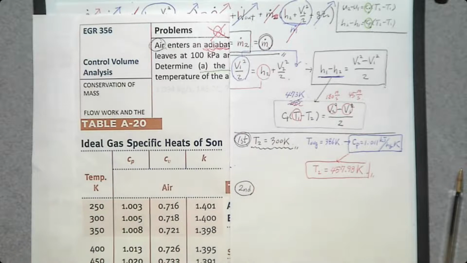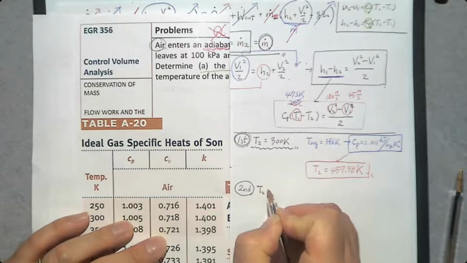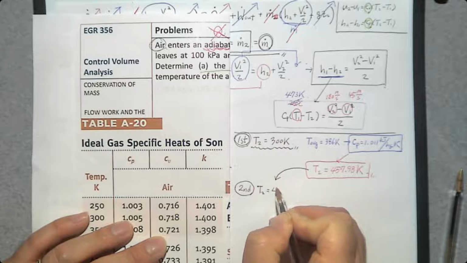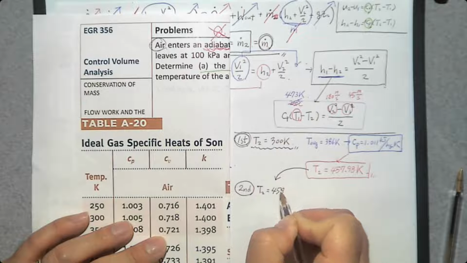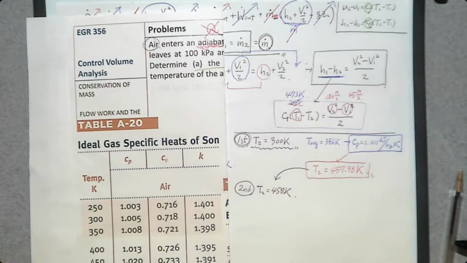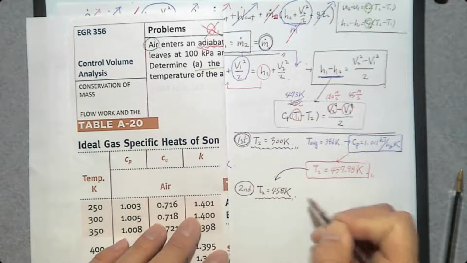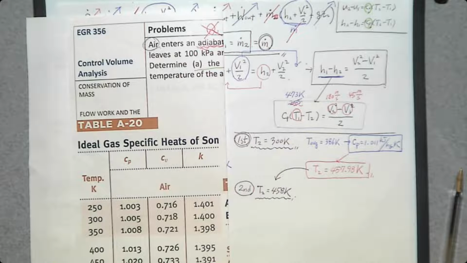Now we are going to assume the exit temperature T2 is going to be the same as the answer from the first iteration, 458 Kelvin. Now let's solve it again. The second time, let's hope that this time we get the final answer close to this guess.